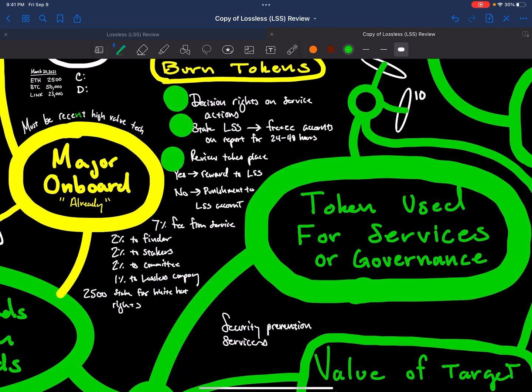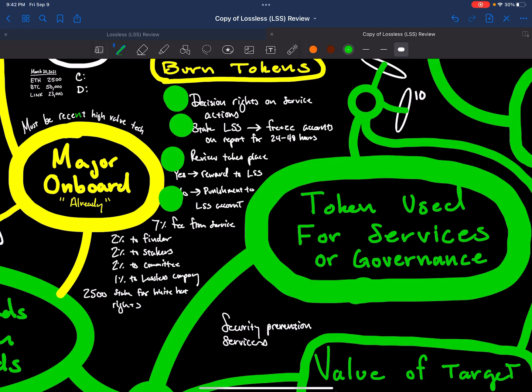If it turns out that a hack that was reported by an LSS staker is true, they get a reward. If they report it and cause people's funds to be frozen, it's only frozen for 24 to 48 hours. That's a minor inconvenience for the person who receives the frozen funds, but for the person who reports it, they lose all their LSS. So you don't want to be on the end of bad reporting.